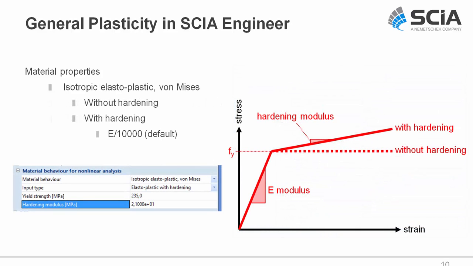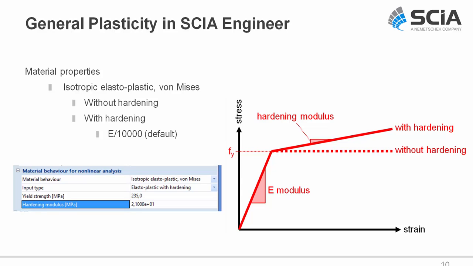So, to continue on this material properties in SCIA Engineer, this is isotropic elasto-plastic von Mises as mentioned before. And you have 2 possibilities, without hardening and with hardening, which you can see in the stress strain diagram on the right side of this slide. Without hardening, there is a maximum value for the stress, which equals the Fy value.